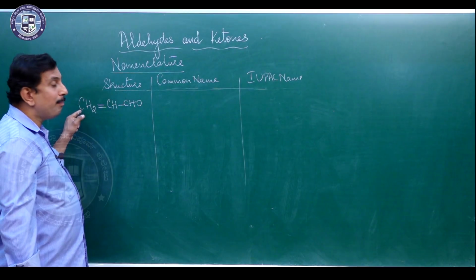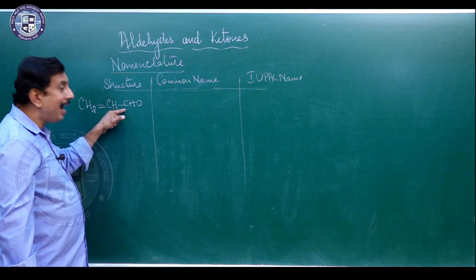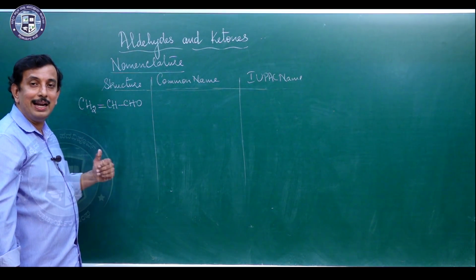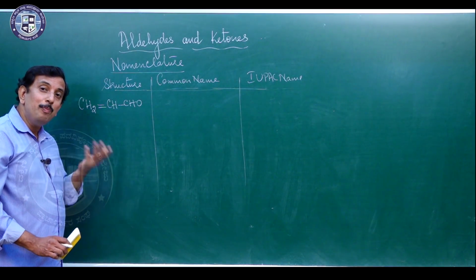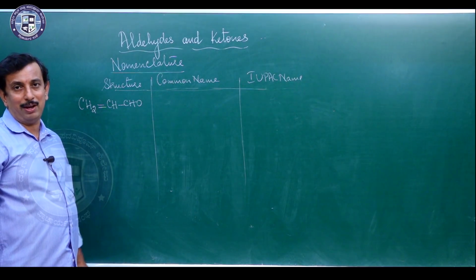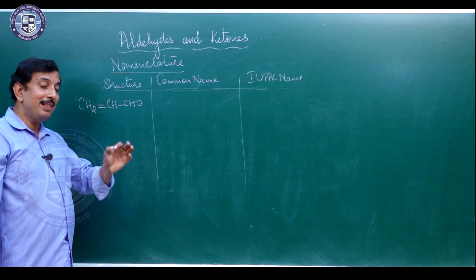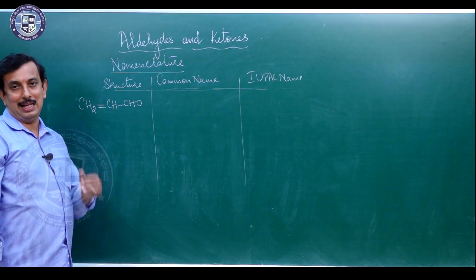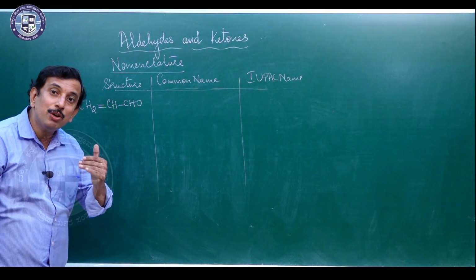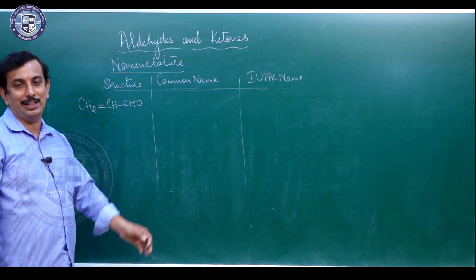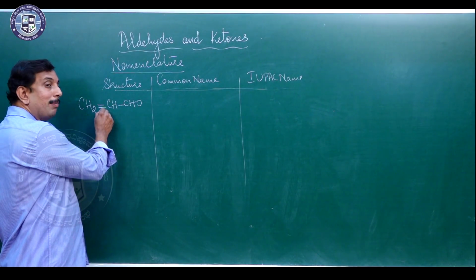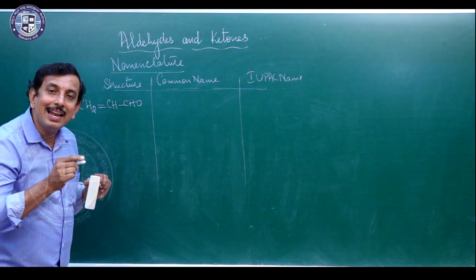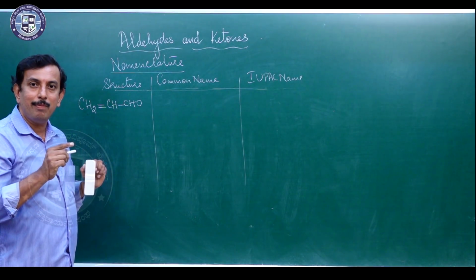And in this compound you can see there is an aldehyde group, therefore, it is definitely an aliphatic aldehyde. But when you want to name this in the IUPAC system, what is the difference? The difference is on the basis of the primary suffix, that is the nature of linkage. The primary suffix is that it has a double bond, therefore, it is en.